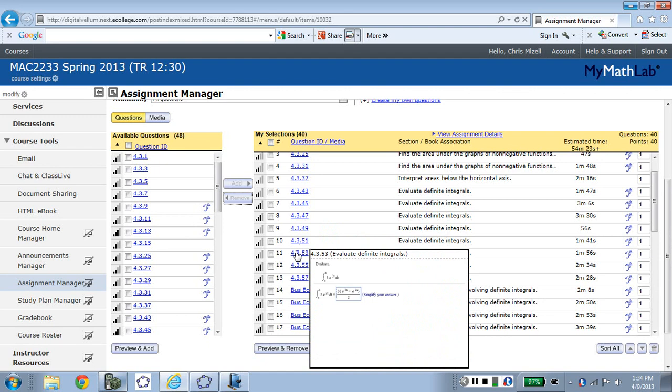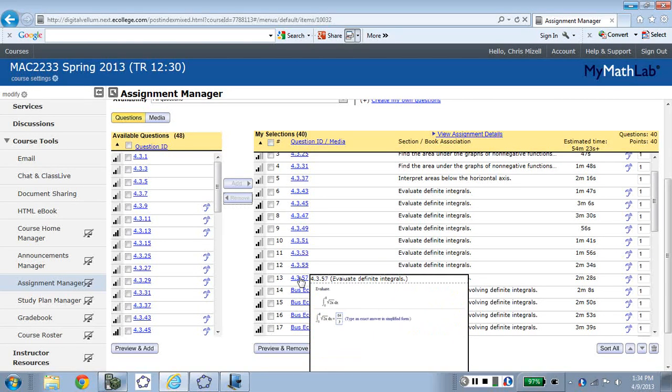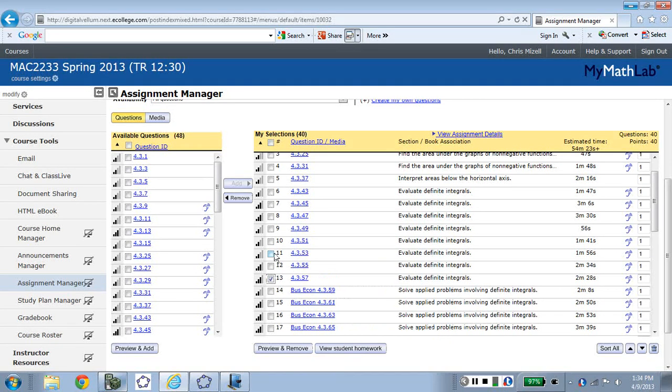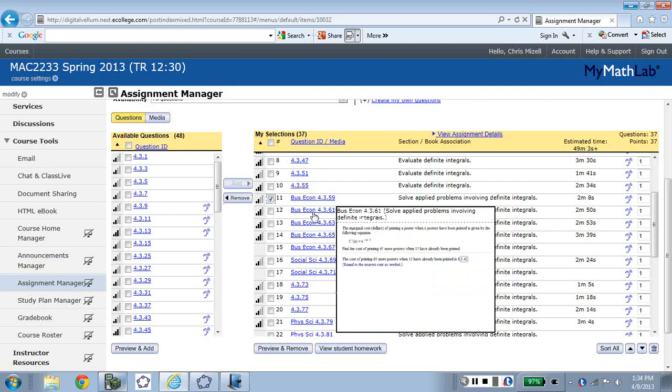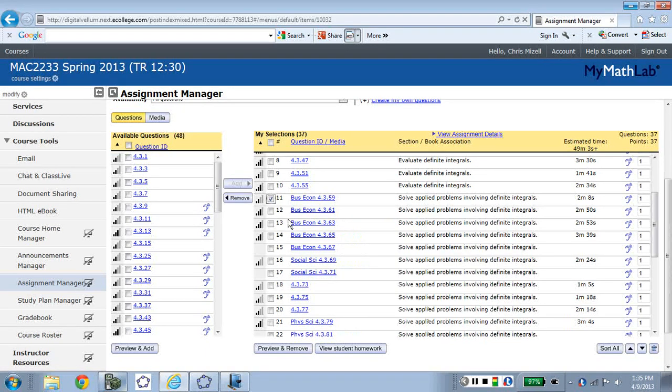Another polynomial. Another exponential. Hate to omit any of them. They all look so good. But these applications: find the profit when a well 200 feet deep is drilled. The marginal cost is given by this equation. Find the cost of printing 65 more posters when 15 have already been printed. We did the poster problem, so that's a good one.